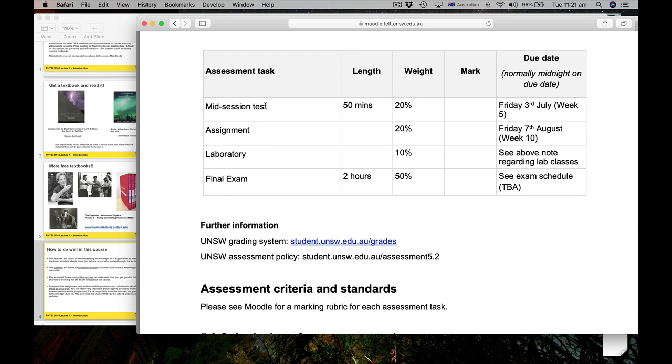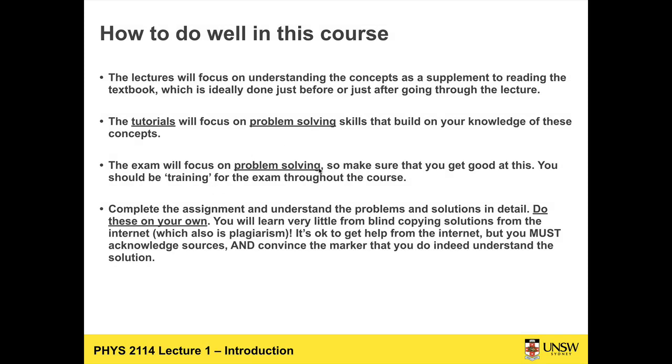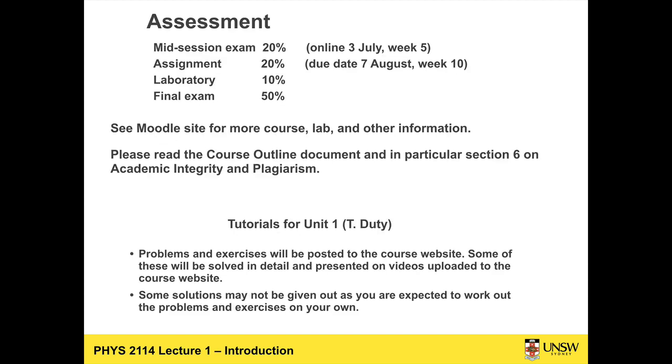And of course, this midterm test will be done online as well. And so, as I said, if you want to do well on the midterm and on the final, then prepare yourself by working out the tutorials. And of course, we will record some of the tutorials. I guess this is on the next slide. So here we go.